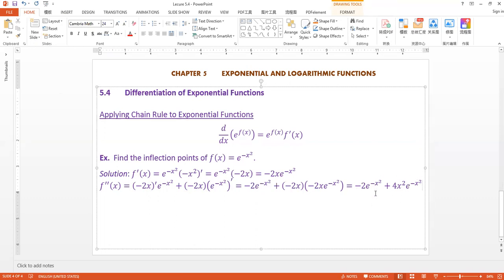So there's no value of x for which the second derivative does not exist. But we do find some values of x for which the second derivative is 0. So set f double prime equal to 0.